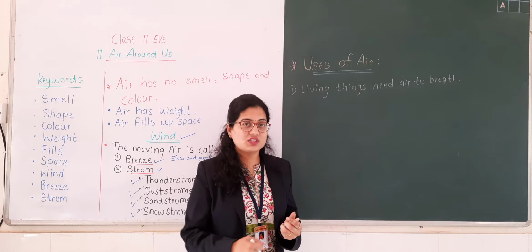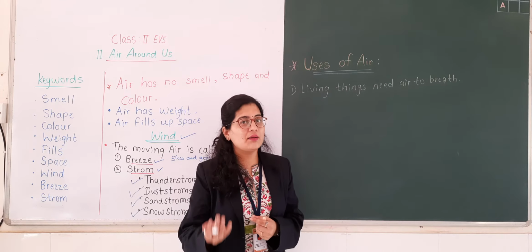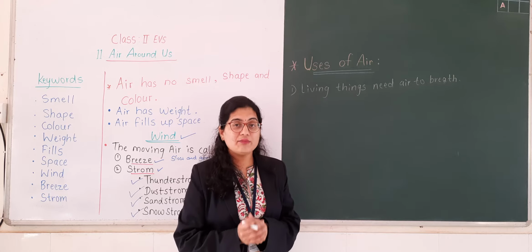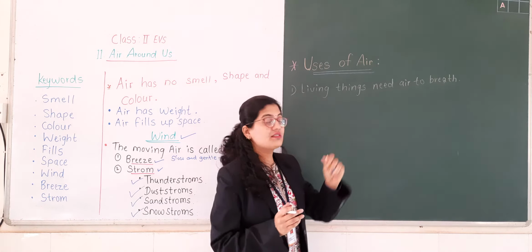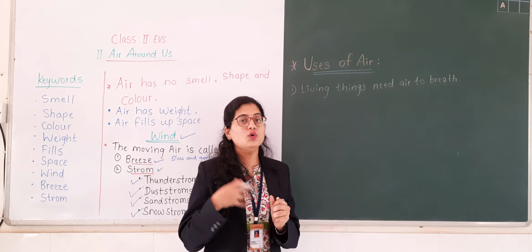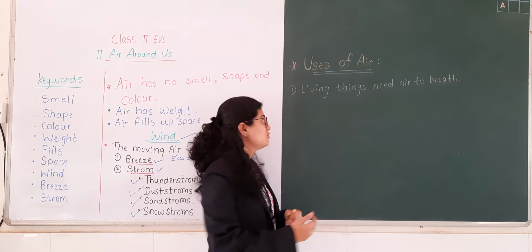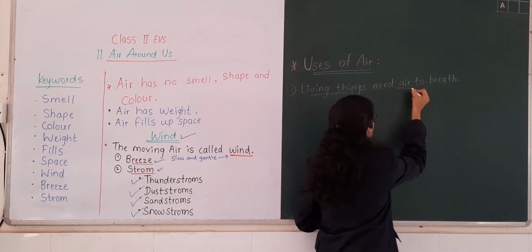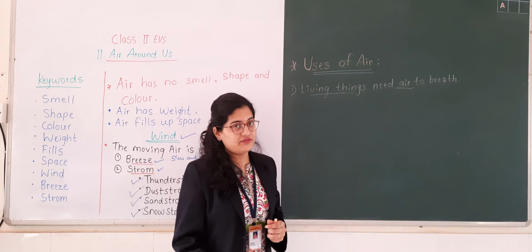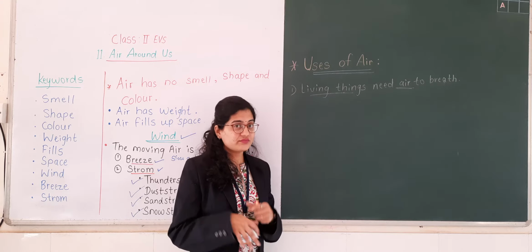As you all know, we breathe air. We inhale oxygen and we exhale carbon dioxide. In the same way, plants also need air, and animals also need air to breathe. Right? So all living things need air to breathe or to live. Right, my dear children?